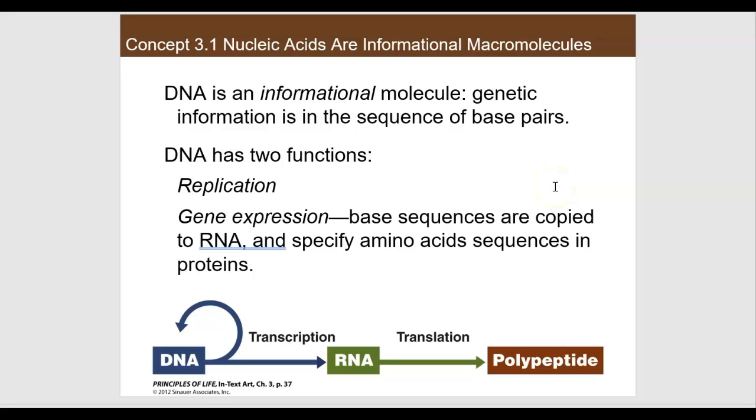And then finally, really to the crux of it: what is DNA? It is the information. That sequence of base pairs is a code for a protein. And DNA has to be able to copy that whole thing.